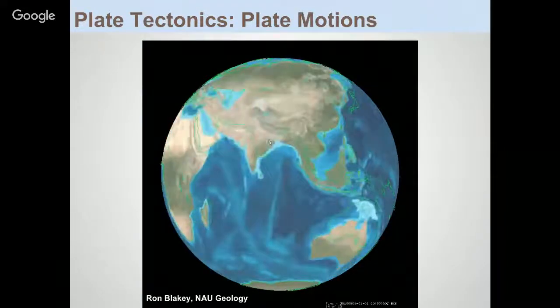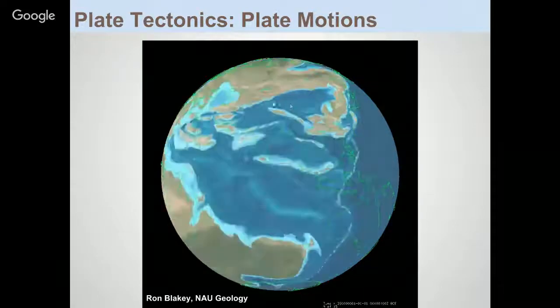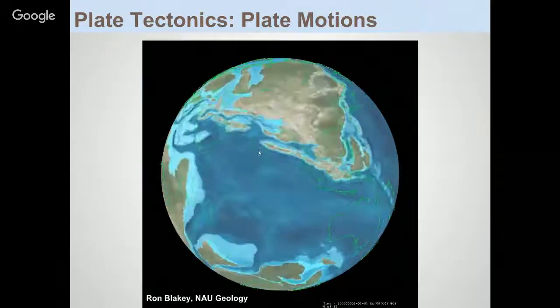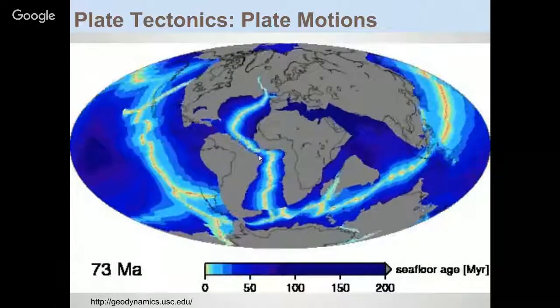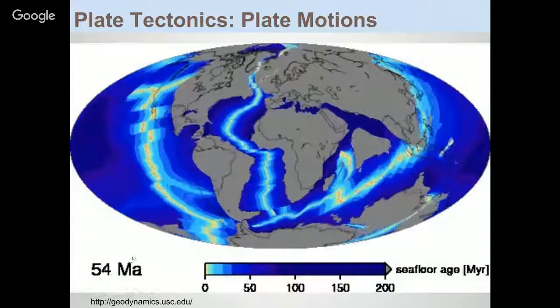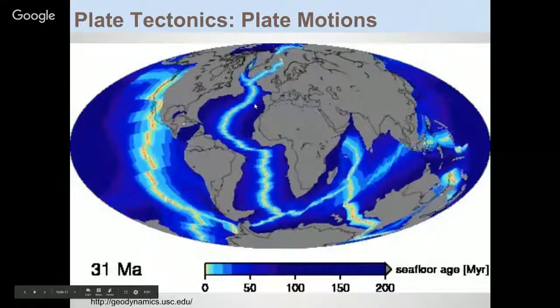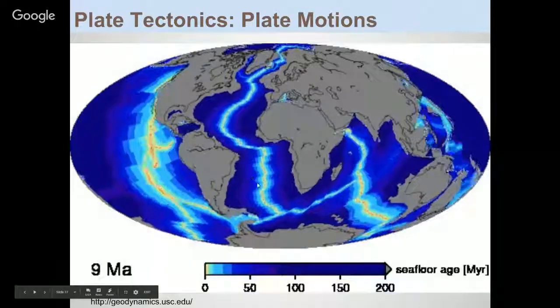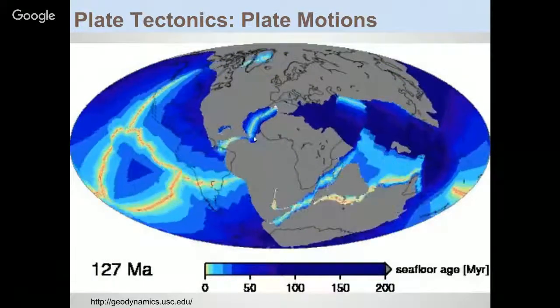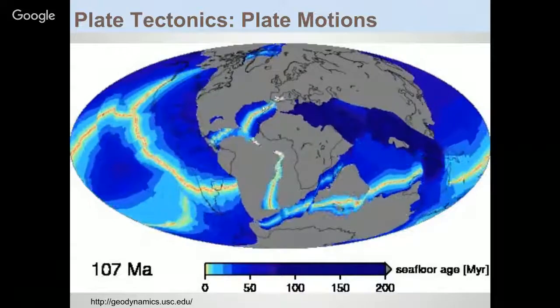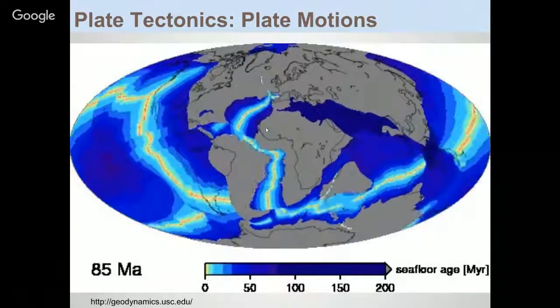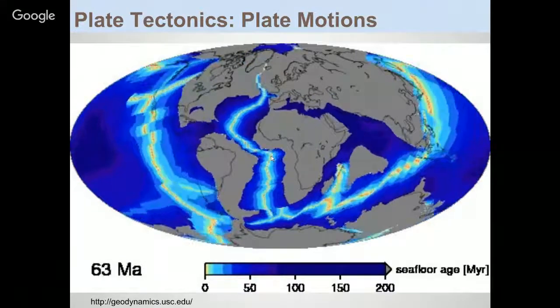Here's India going into the Eurasian plate, creating the Himalayan mountains. And then here's plate motions over time, with seafloor spreading up to present, right? So you can kind of see how Pangea is breaking apart, creating the Atlantic Ocean basins, opening up that ocean.